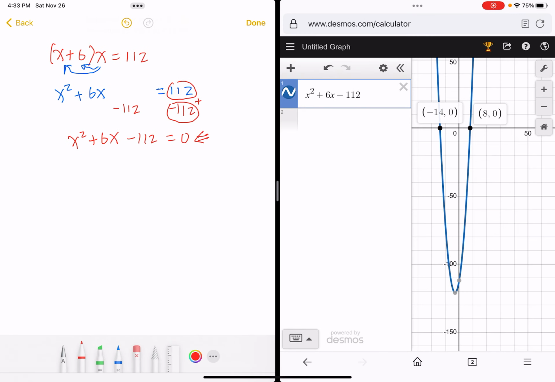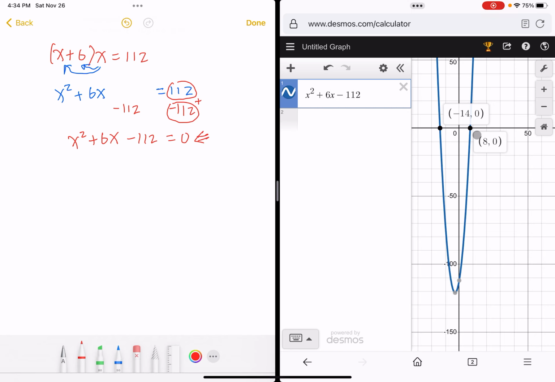Right here, I already input the equation, a function. It's x squared plus 6x minus 112. Then you know there are 2 points of intersection. So you know here x is negative 14. Another is positive 8. So you know the solution for x.